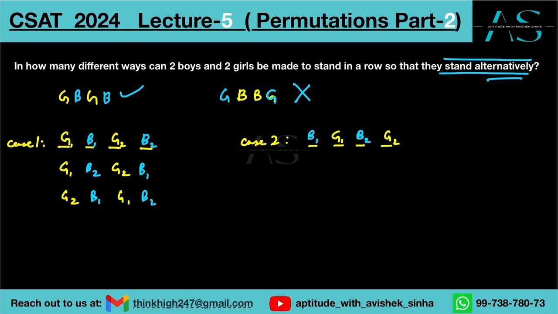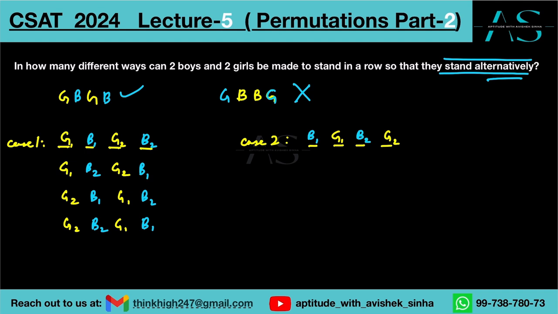Or we can write it as girl number 2, boy number 2, girl number 1, boy number 1. These are the different cases. So if the question would have come for 8 boys and 8 girls, then this is not the right approach. But you have to always make cases.